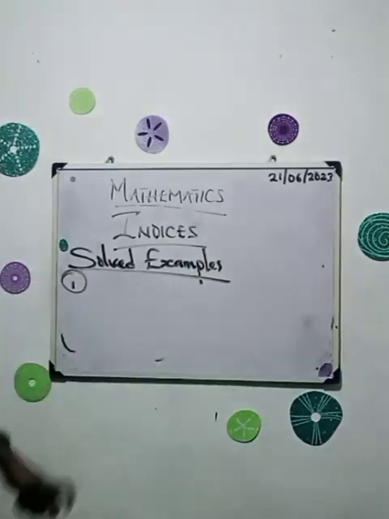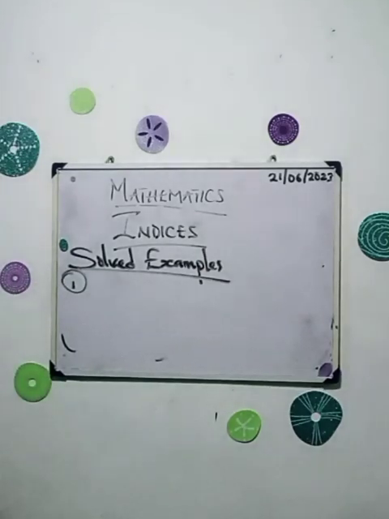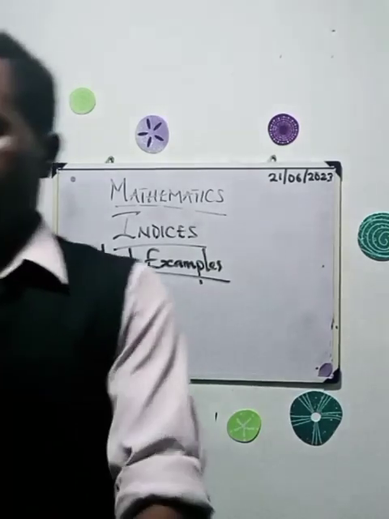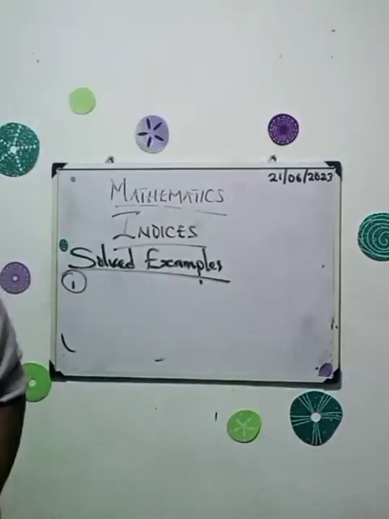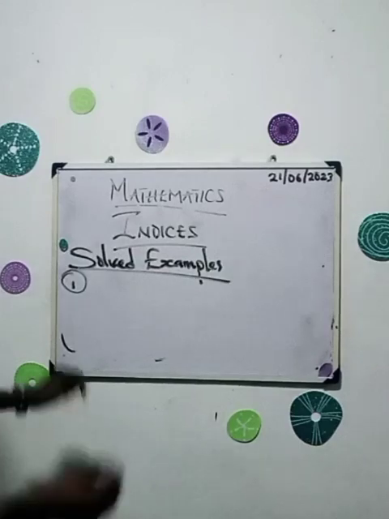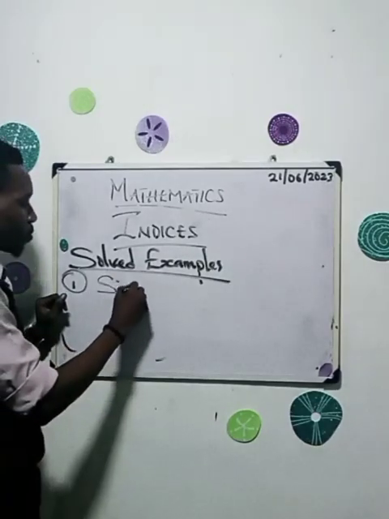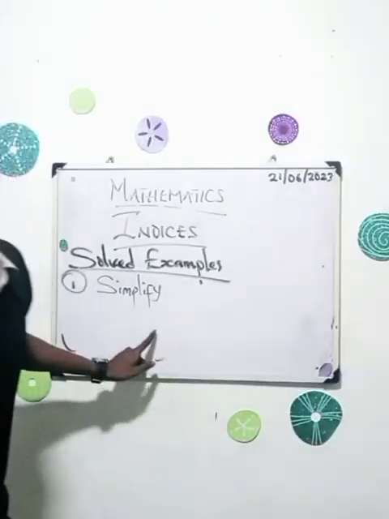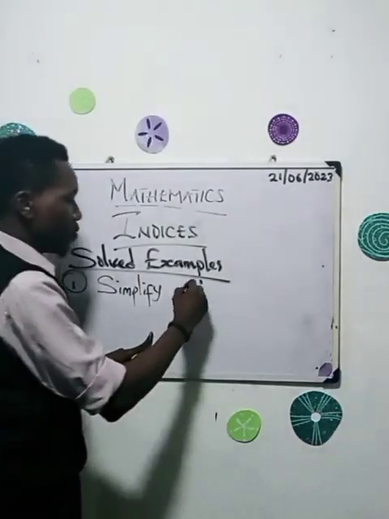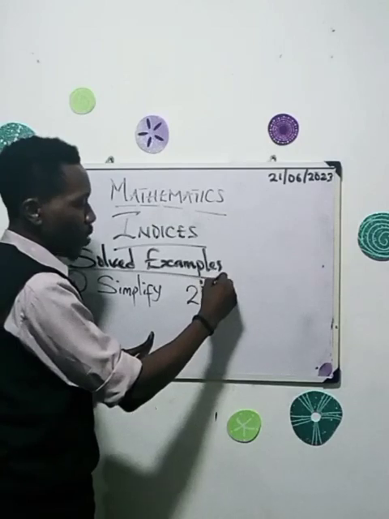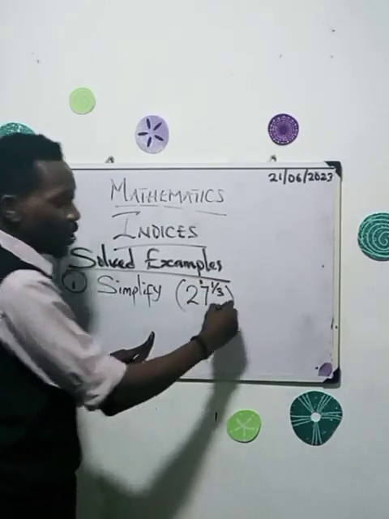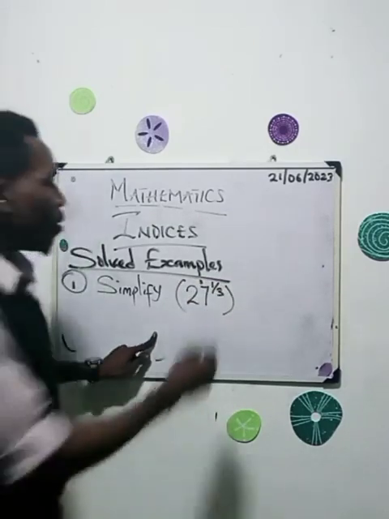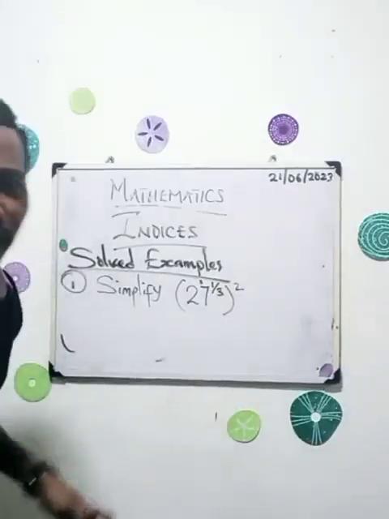Number 1 says, simplify. By the way, these are exam questions. So simplify 27 raised to the power of 1 over 3, all in brackets, raised to the power of 2. So we're asked to simplify this.